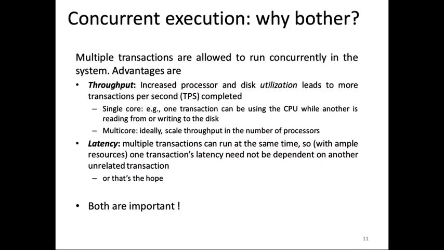And then latency. Latency means the delay or the time that is necessary in order to complete a transaction. And so here I would say latency and ultimately usability, because with concurrent execution, multiple transactions may run at the same time. When we have multiple transactions that run at the same time, with ample resources, one transaction's latency will not be impacted or dependent on another unrelated transaction.